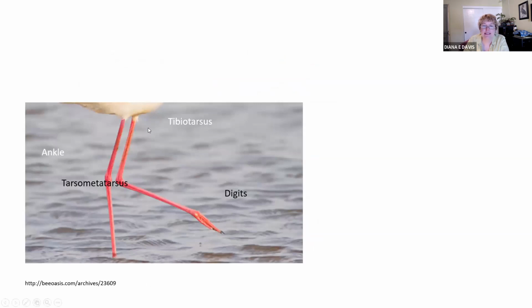And so here is a live bird. And we've got a couple of terms written here. I want to make sure that we know these terms. We don't have to know all of them. The long bone that you see up next to the body is the tibiotarsus.